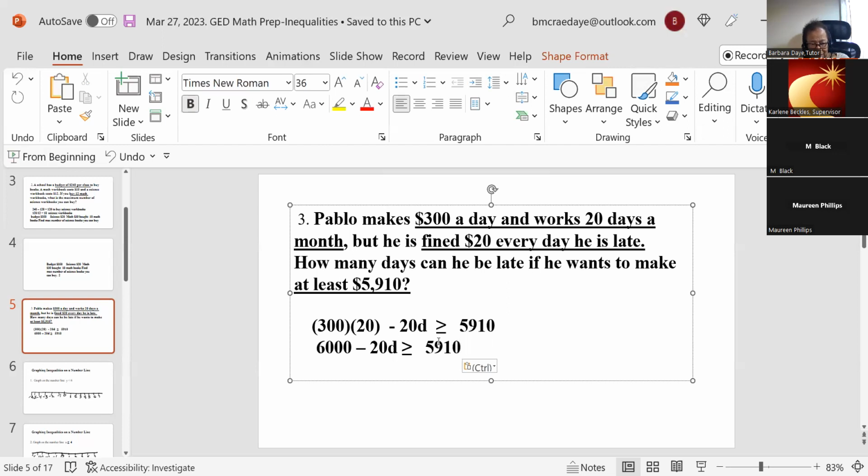Subtract both sides by 5,910. Divide both sides by 20. Subtract that from the 6,000. Subtract the 5,910 from both sides, actually. Yeah. Go ahead. Keep going.